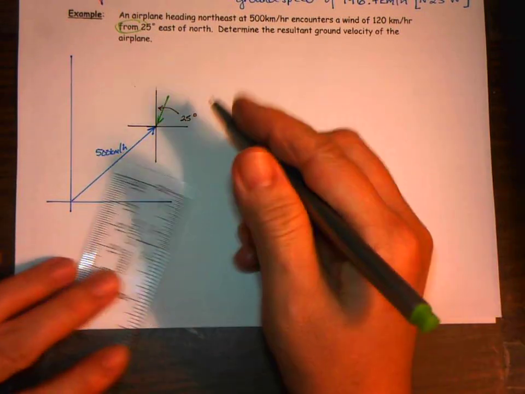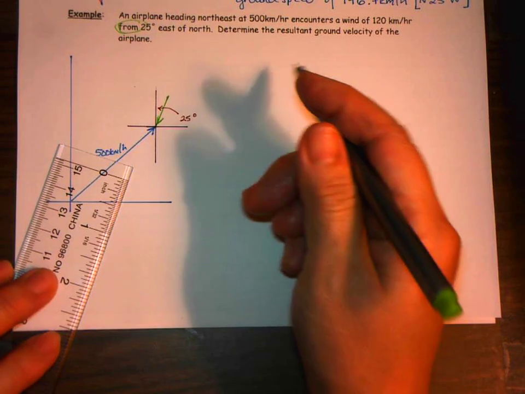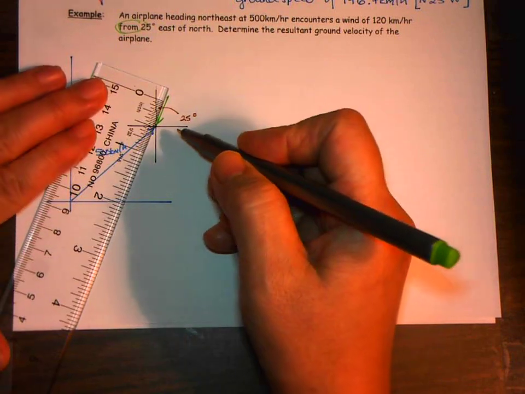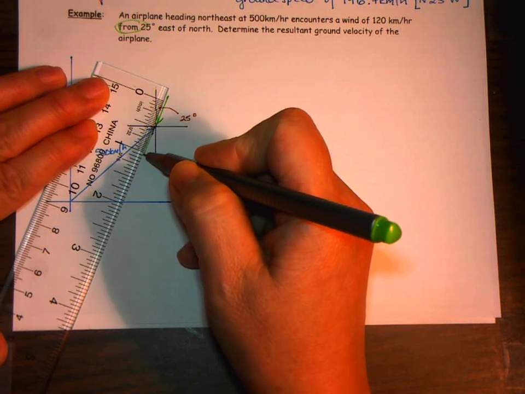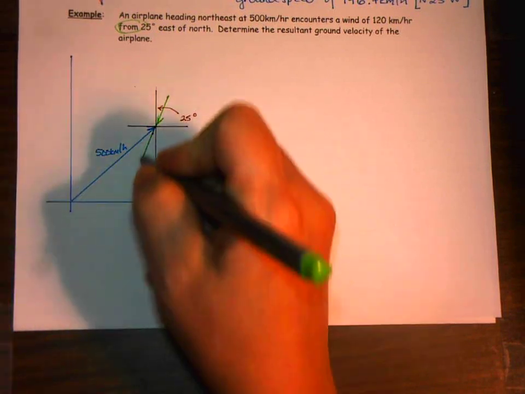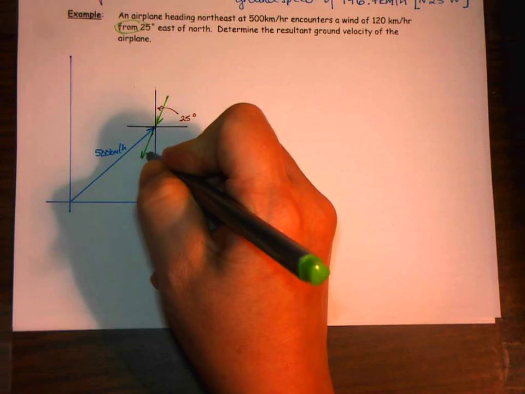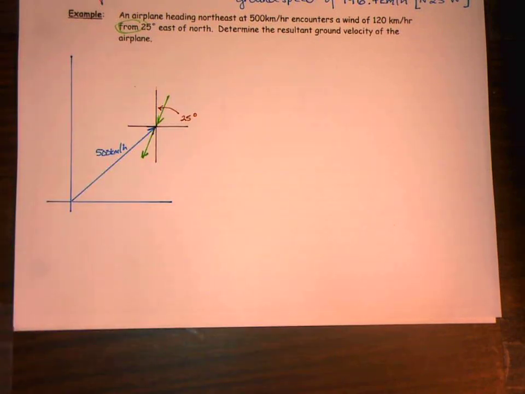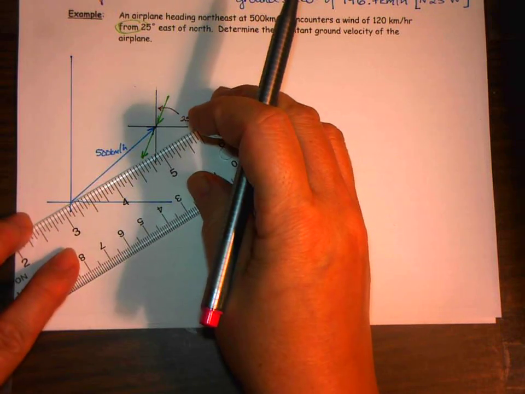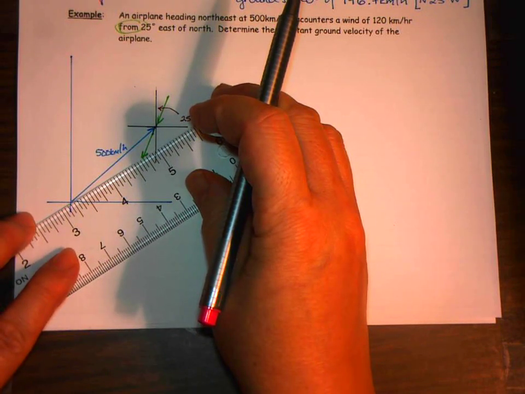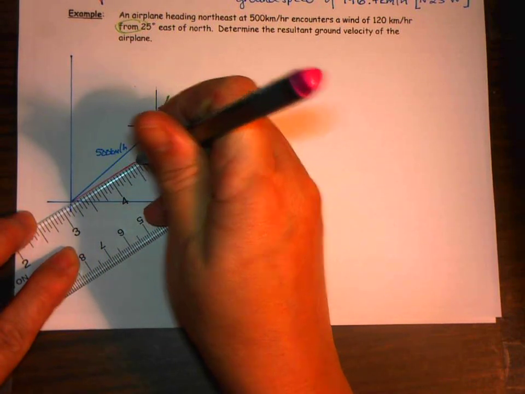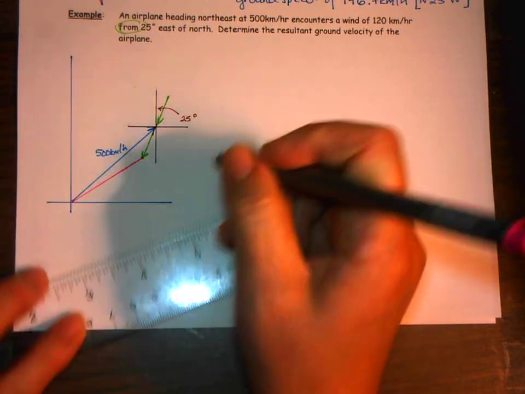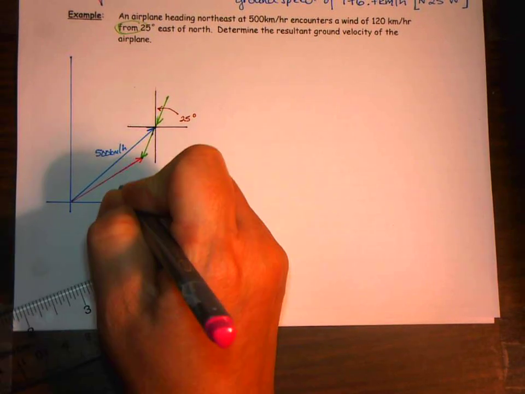We're going to have to take it and move it down here, so we're joining it head to tail. So I'm going to preserve its direction and just redraw it over here. And that enables us to draw the resultant, which is what's actually happening to the airplane. And it's a vector that looks like this. This is your resultant.